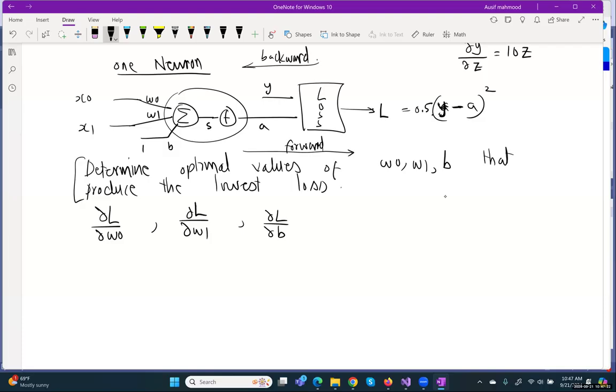So let's write the forward equations first, starting from the inputs. What is the equation for S then? W0 x0, correct? Multiply these two, plus W1 times x1, correct? Plus 1 times B, which is B.